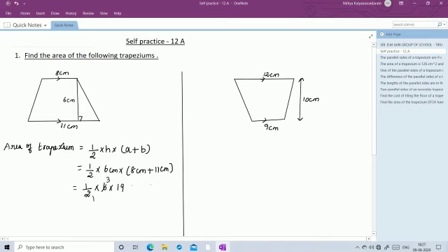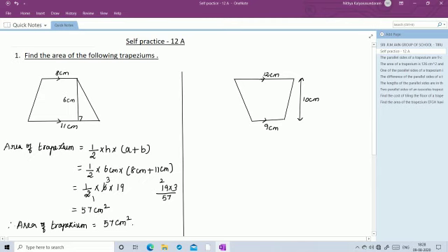Then multiply 3 into 19. 3 nines are 27, 7. Then 2 is balance. 3 ones are 3. 3 plus 2 is 5. So area of the trapezium is 57 centimeter square. Therefore, area of trapezium is equal to 57 centimeter square.